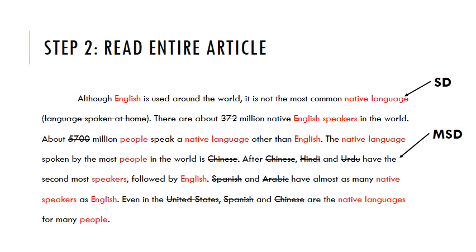I'm going to include some other information, and what I want to include here is that Chinese, Hindi, and Urdu are also all ahead of English. More people speak them. Now you'll notice that I crossed out Chinese, Hindi, and Urdu, and I'll show you how I deal with that, not using those ones. Okay, so this is what I take from this paragraph.